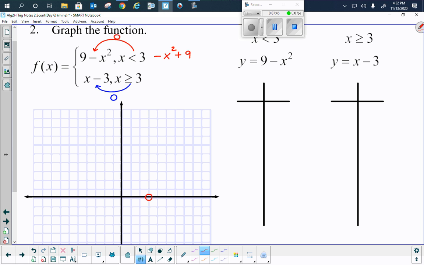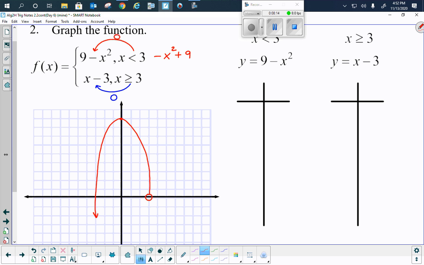All right, so if it's a parabola opening down, shifted up 9, and I can only draw it to the left of x being 3, well, I know if it's shifted up 9 that it would go through this point. Okay, so again, guys, this is just going to be a sketch. But there would be that side.